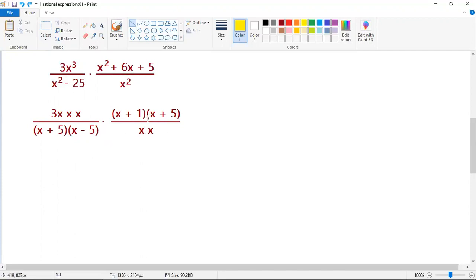The x plus 5 here can be cancelled out with the x plus 5 in the denominator. The 2 x's here can be cancelled out with the 2 x's here. So if we have these cancelled values and factors, we are left with 3x, x plus 1, and x minus 5.